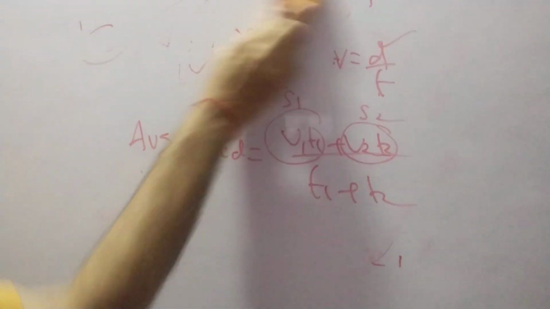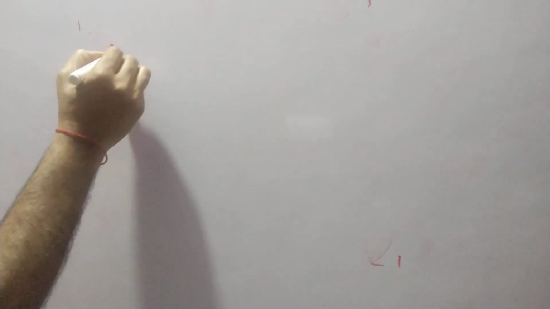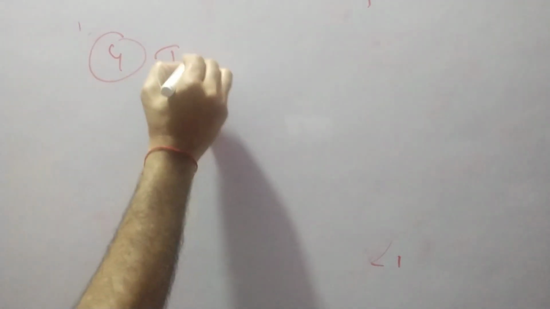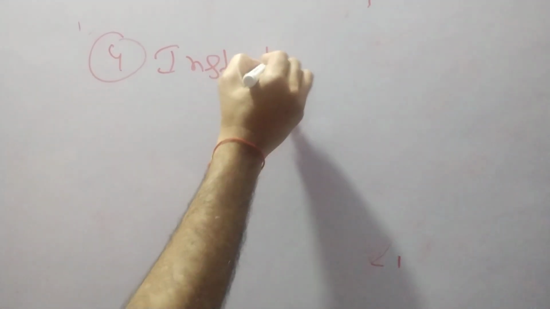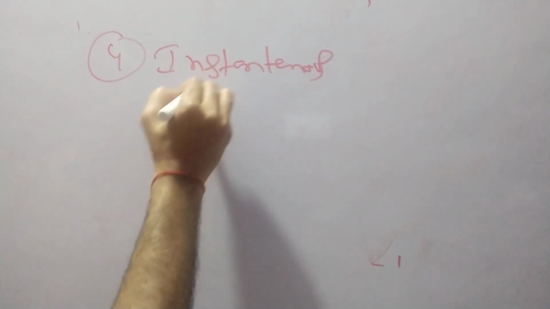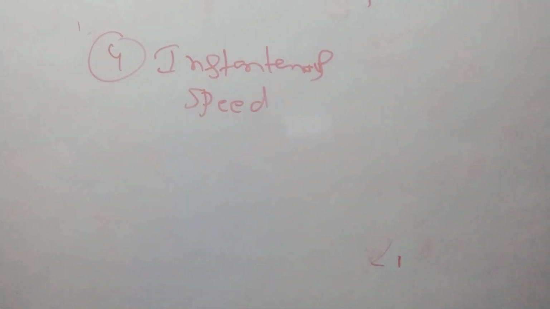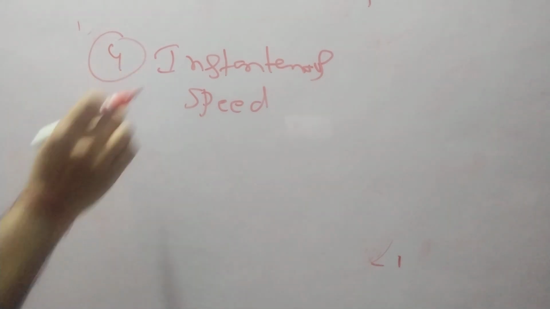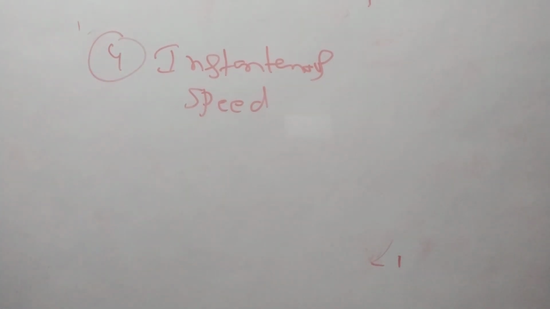And what is the fourth one? The fourth case is the fourth type of speed, instantaneous speed. So we have four different types of speeds: uniform, non-uniform, third one average, and last one instantaneous speed.